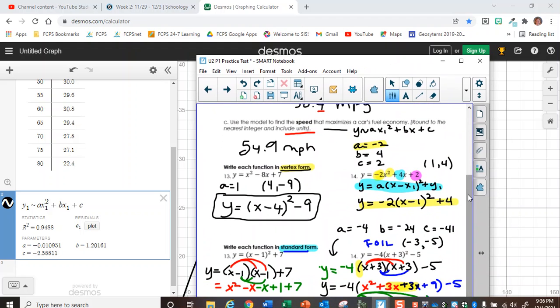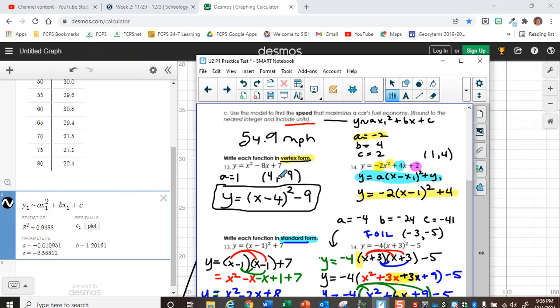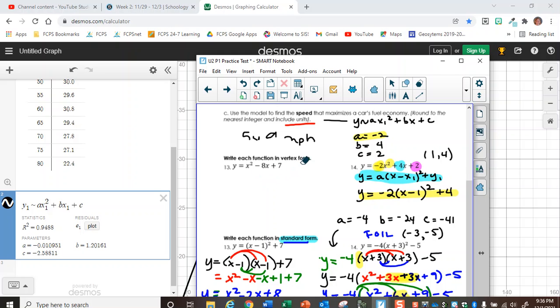All right, and then the next thing we did is we talked about writing the function in vertex form. So what you do, I'm going to erase this so you can see the work here. In vertex form, what you're going to do is just put this in Desmos so that you can find the vertex.